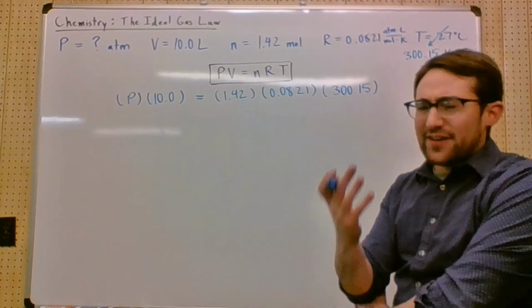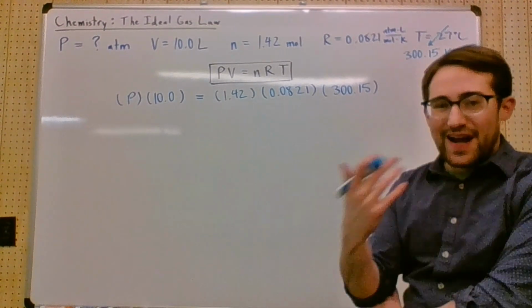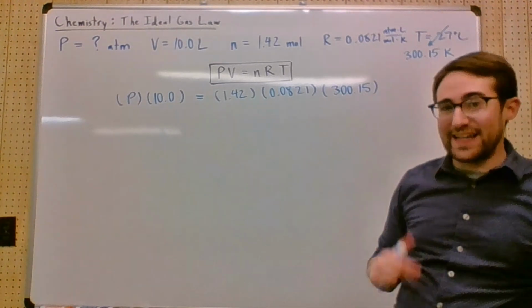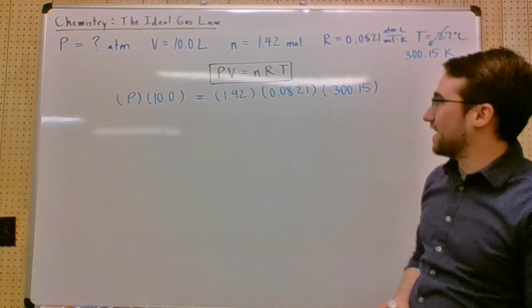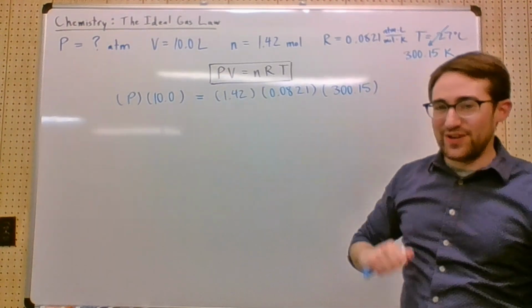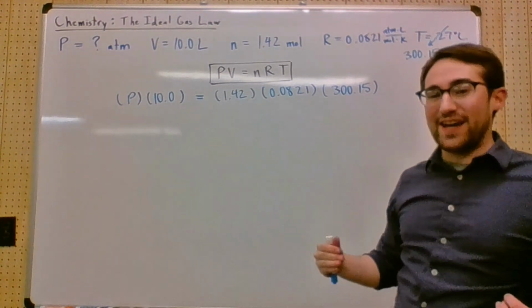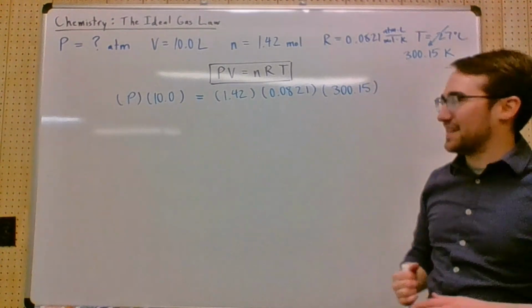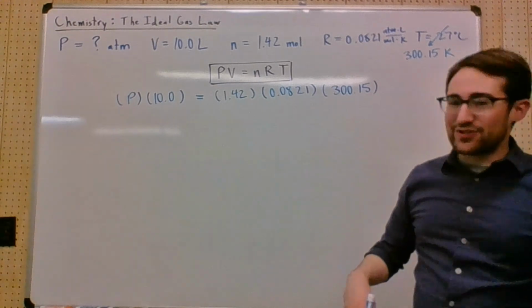Okay, I've got stuff plugged into my ideal gas law. I've converted my temperature into Kelvin so I can use it properly and get the right answer. I've picked an R constant to go with my pressure unit. In this case, I have been asked to find it in atmospheres, so I just picked my R constant to fit that. Okay, and now all I have to do is solve for the pressure.